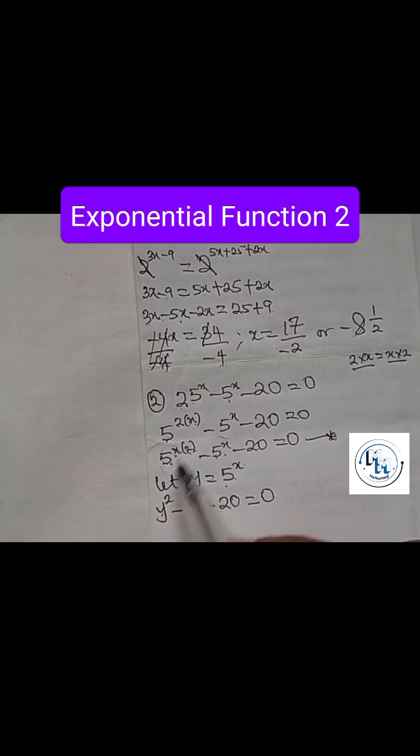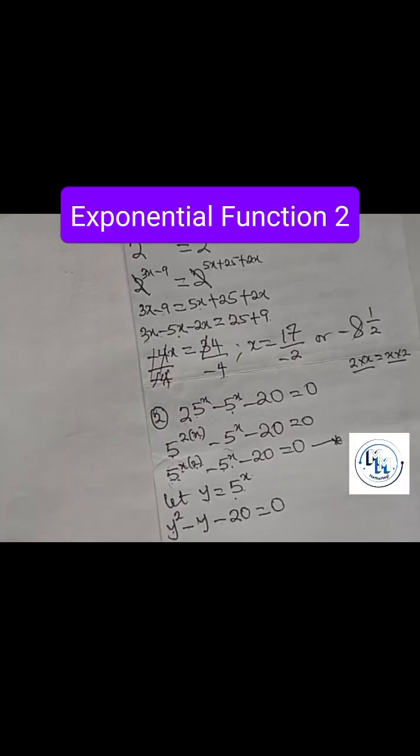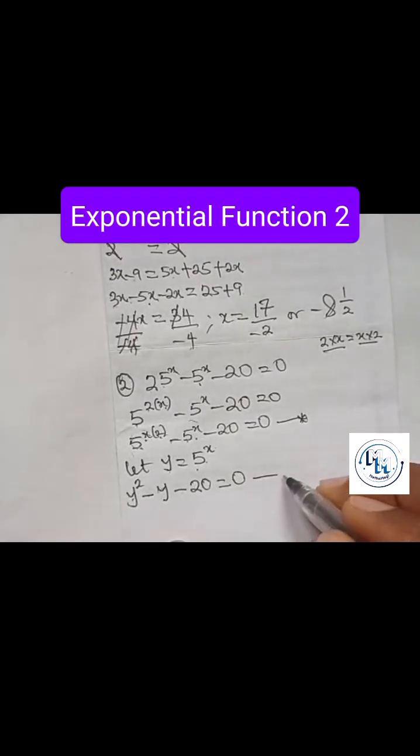So y^2 minus y minus 20 equal to 0. Is that okay? Let's continue. At this point, this is already a quadratic equation.